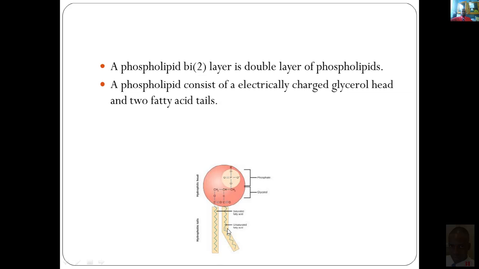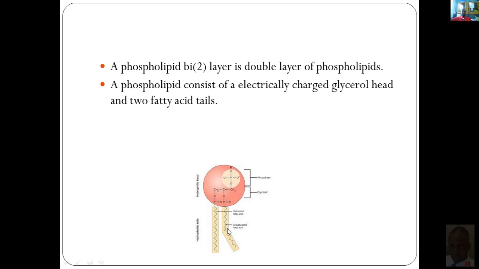That phosphate group overall has a negative charge on it because of those oxygen atoms there. They are very highly electronegative, and therefore it gives the glycerol head a negative charge. So what we end up having is a glycerol head with a charge, and the fatty acid tails that have no charge.